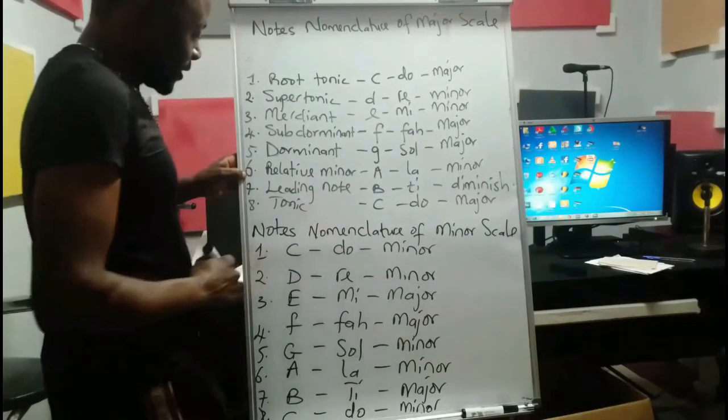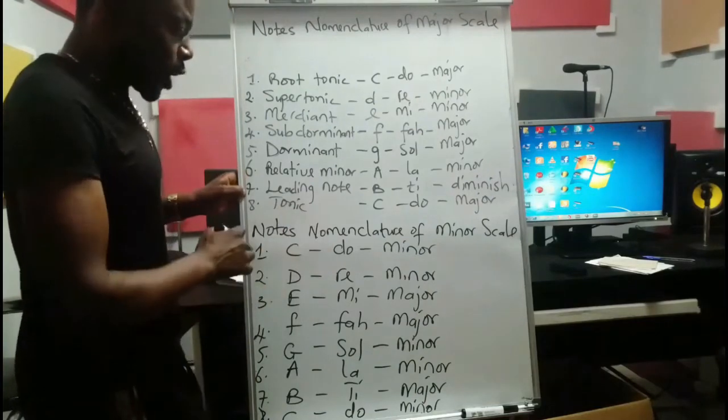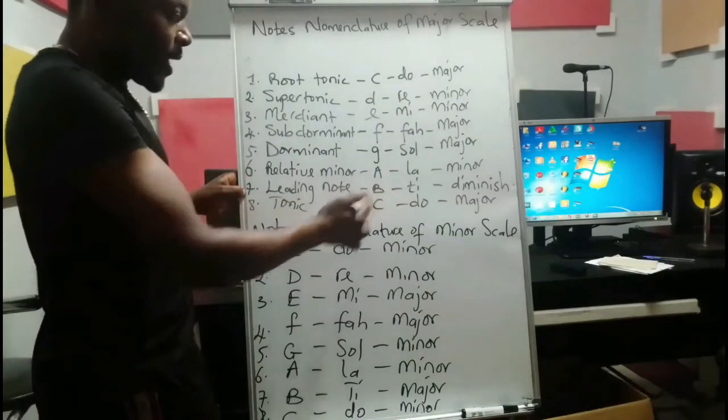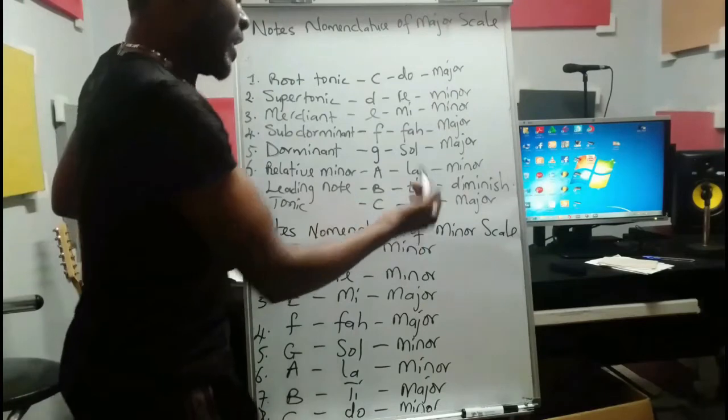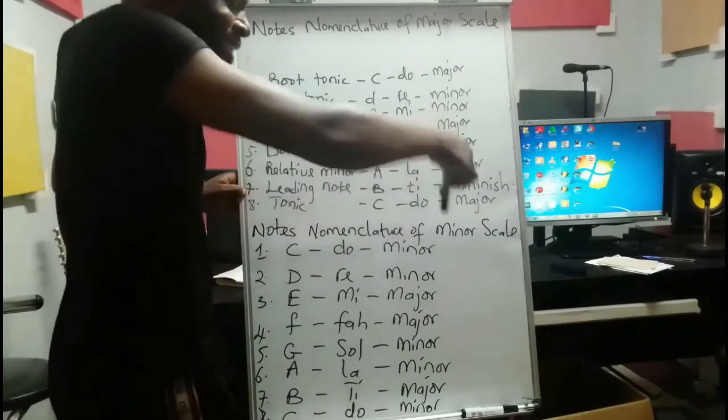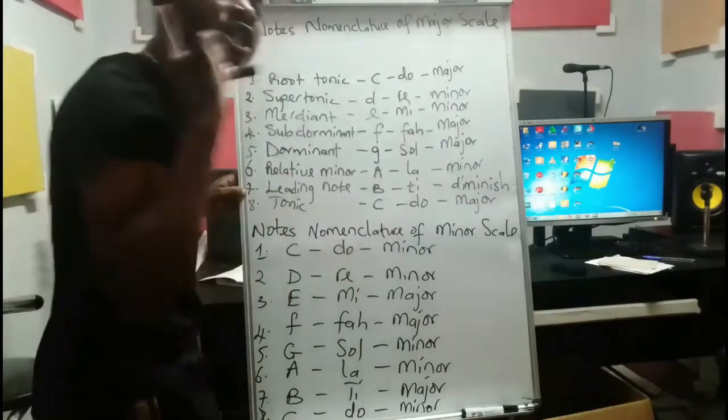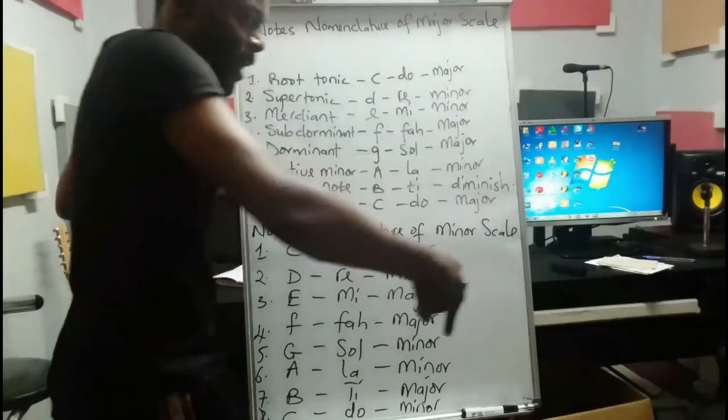Then now, the seventh, we call it the leading note, another name is T, and now it's a diminished chord. That's when diminished has to play in it.